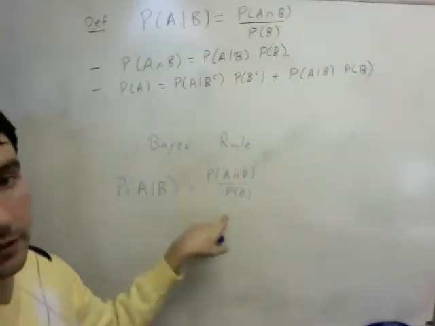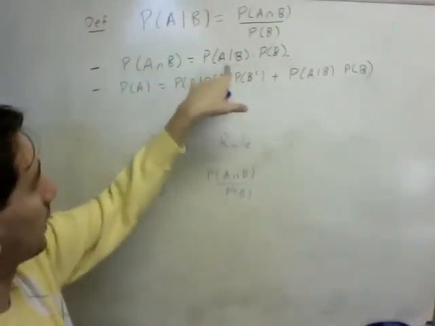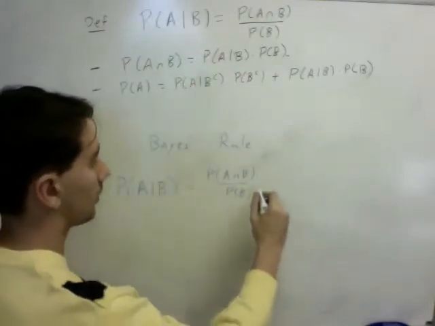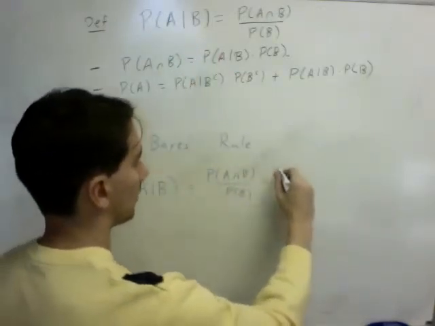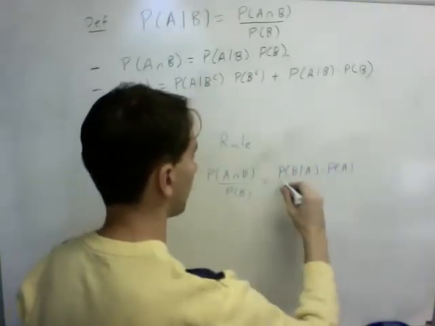It's just that this equals this. Now then the probability of A intersect B, we can use this formula, but let's interchange the roles. So the probability of A intersect B is the probability of B given A times the probability of A.